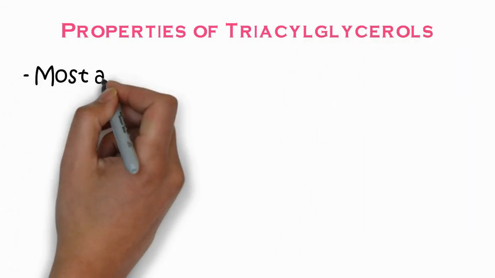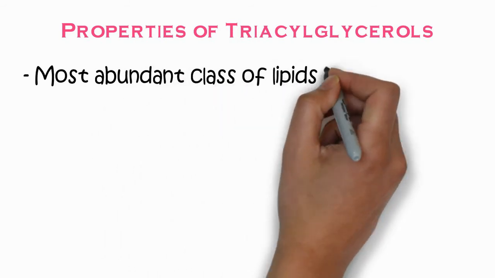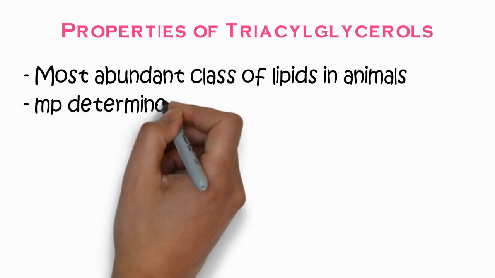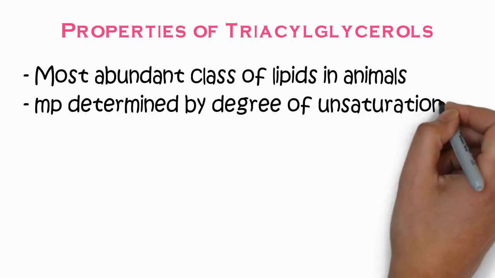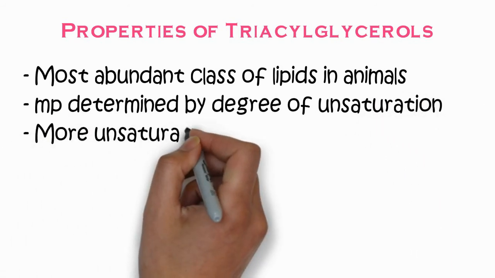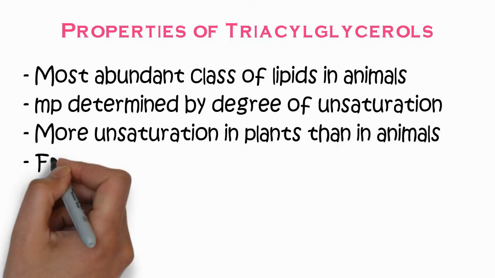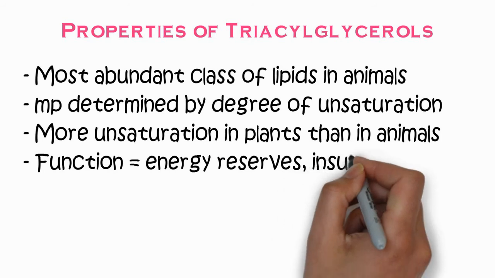Properties of triacylglycerols. Triacylglycerols are the most abundant class of lipids in animals. Melting point is determined by the degree of unsaturation of the fatty acids. More unsaturation is normally present in plants than animals.